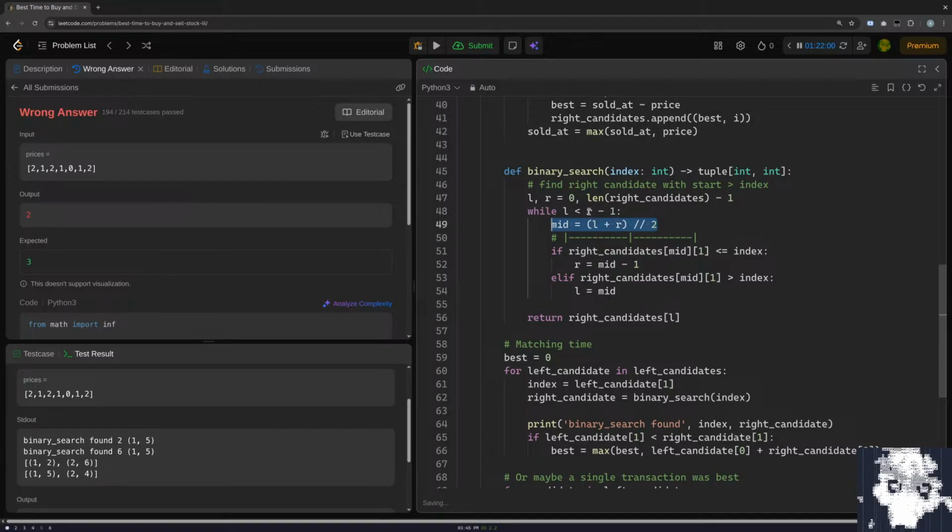Once this is like size 2, so this is not the right way to do this, but if right candidates of R, I'd rather give the rightmost one, because that's the one with the bigger score.